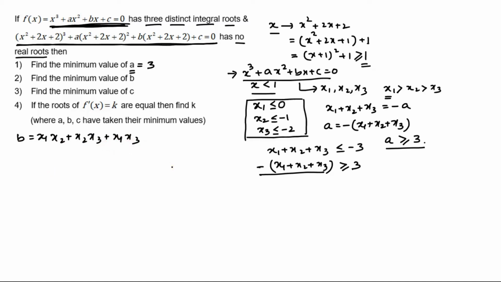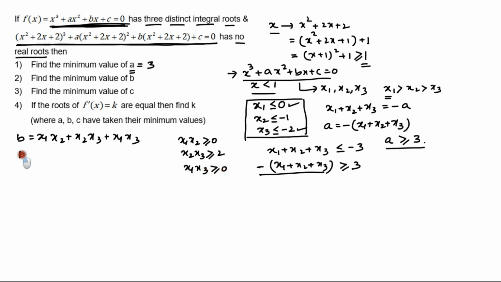Now, what are you going to have? x1 is less than or equal to 0, x2 is less than or equal to minus 1, therefore x1 into x2 will be greater than or equal to 0. x2 is less than or equal to minus 1, x3 is less than or equal to minus 2, therefore x2x3 will be greater than or equal to 2, as well as x1 is less than or equal to 0, x3 is less than or equal to minus 2, therefore x1 into x3 will be greater than or equal to 0, right?